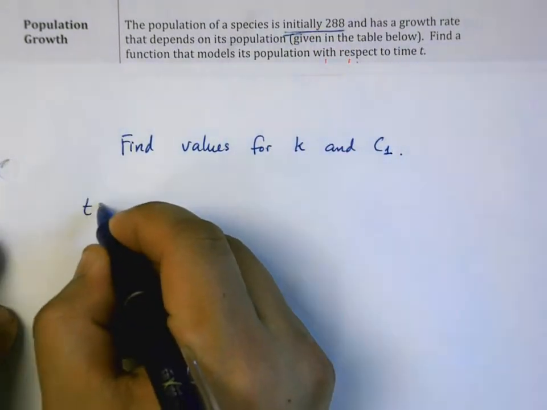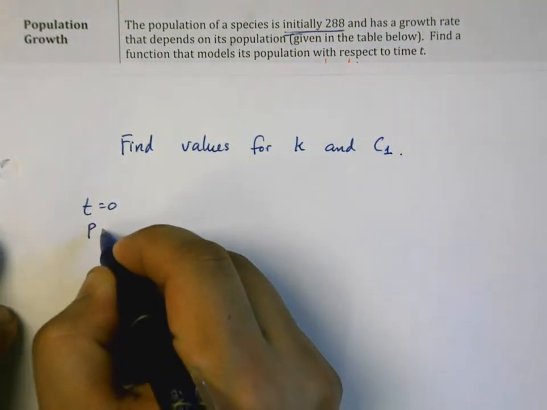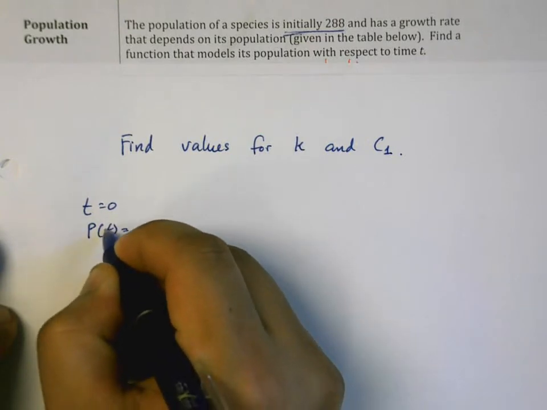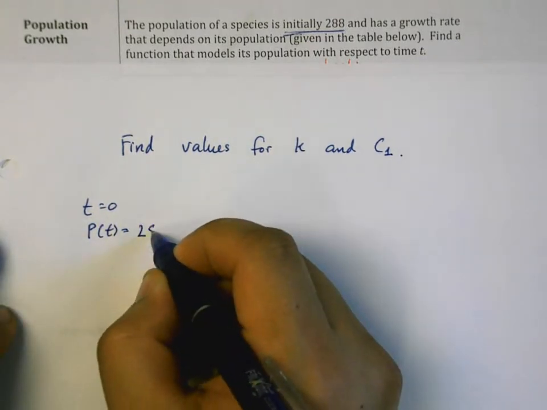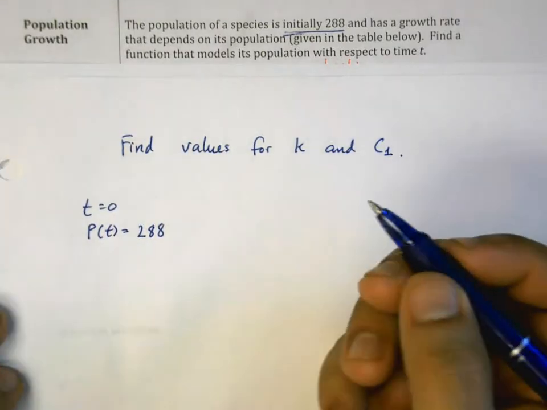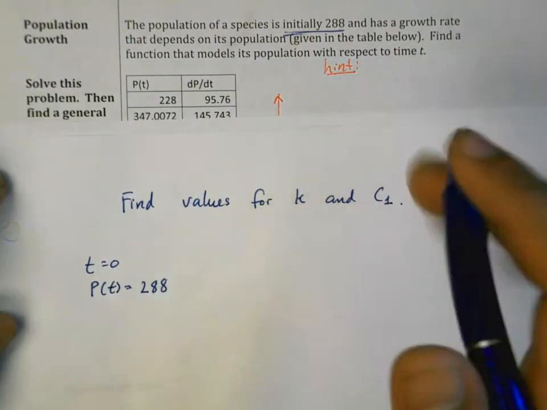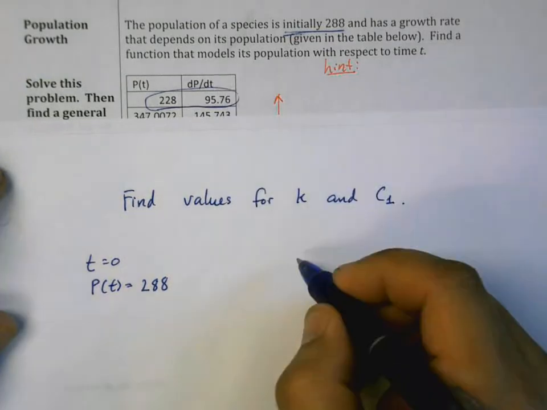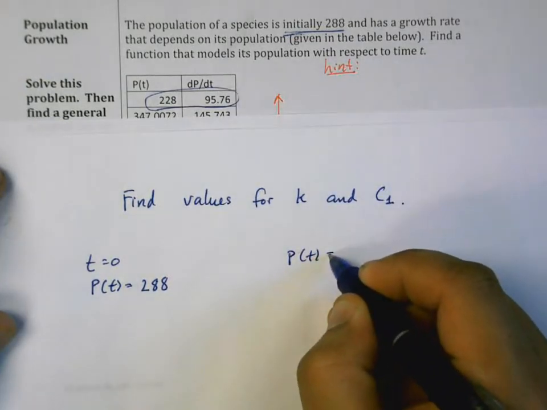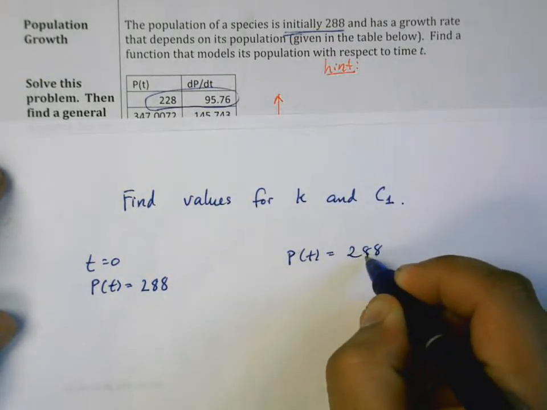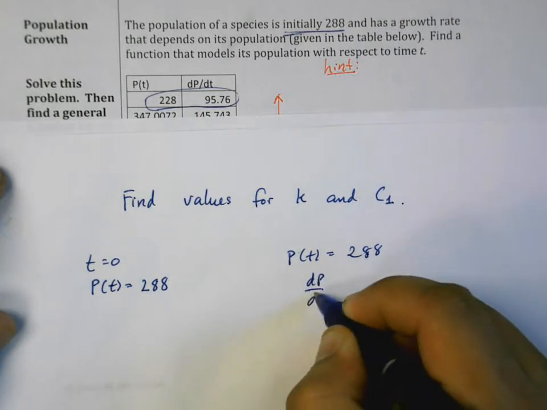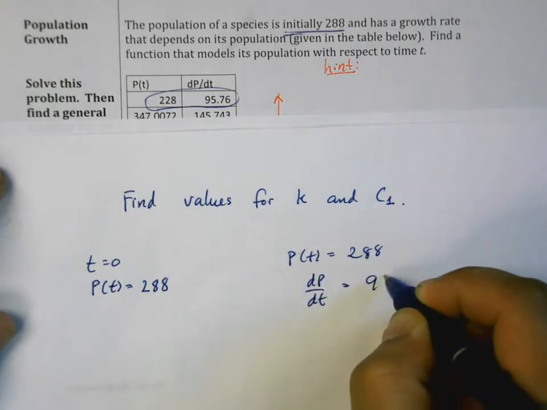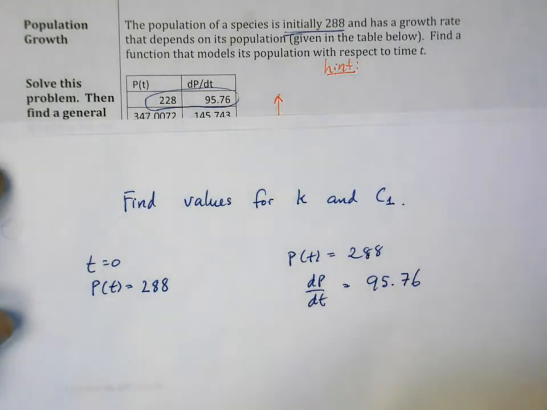That means that when t is equal to 0, P of t is equal to 288. And then we could also use this fact here that when P of t is equal to 288, dP/dt is equal to 95.76.